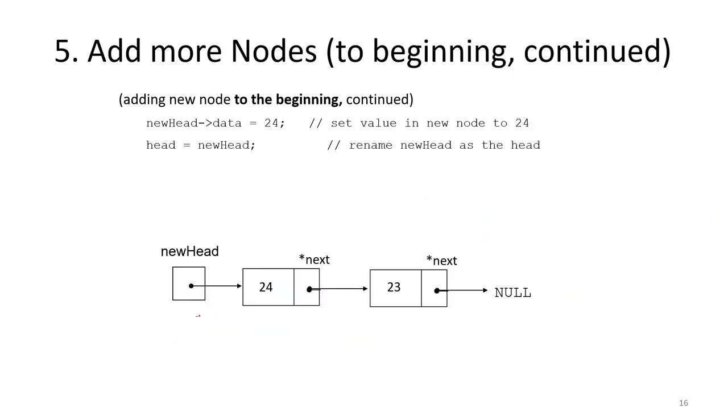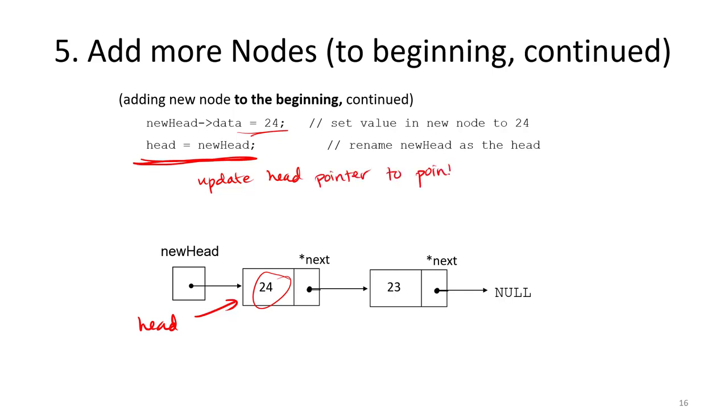So finally, our last step is to update the data inside of our new node, and then we update our head pointer to point at the beginning of our list again.